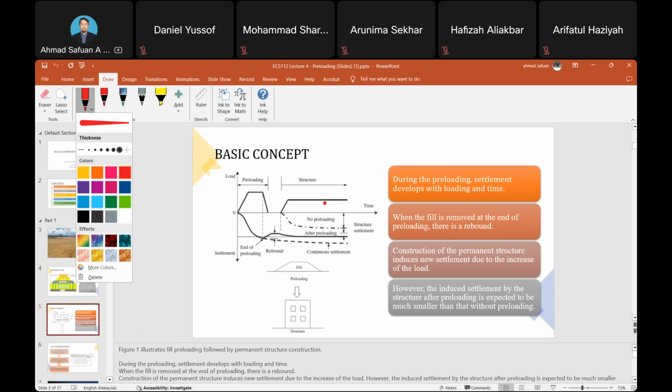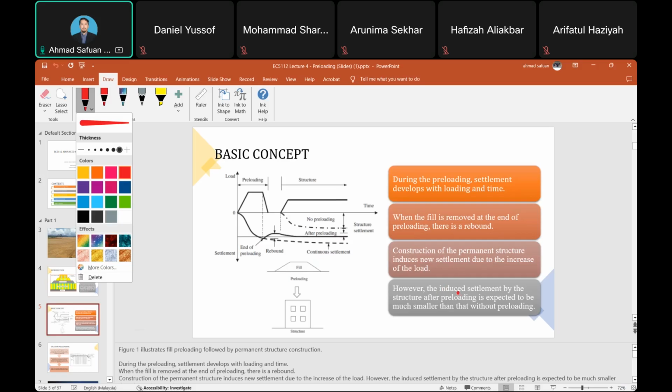Because the structure is permanent, the process of consolidation will stop or reach its end. However, it doesn't reach the maximum that we would get if we applied continuous settlement. The construction of the permanent structure causes new settlement due to the increase of the new loads.